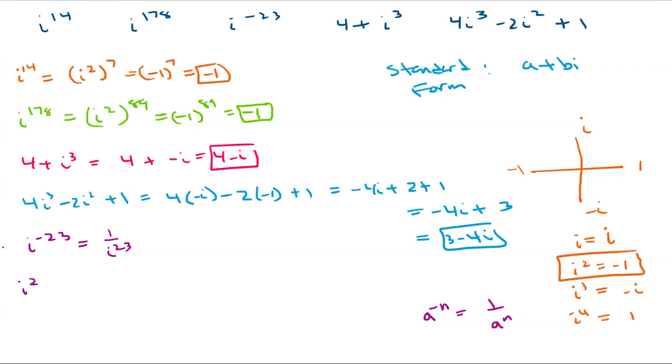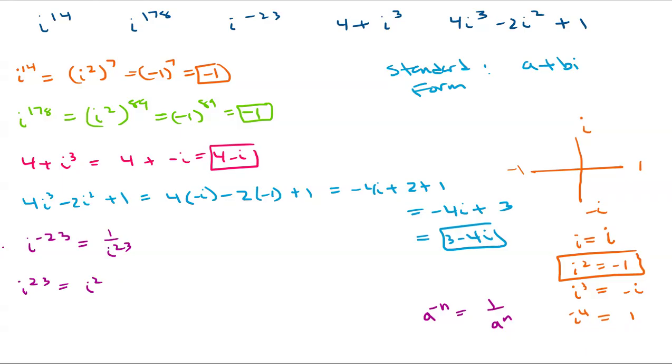Okay. So i to the 23rd. So I'm going to follow what I've been doing. So I'm going to break it down where I can have i squared, right? Because i squared is what we know. That's what I always remember, as i squared is equal to negative 1. So I'm going to break this down, I'm sorry, let me backtrack here.